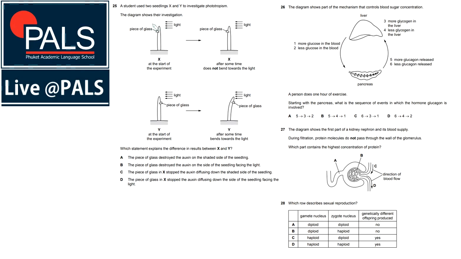So here we have a shoot, first of all. Phototropism is the response of a plant to either grow towards or away from the light. So usually shoots grow towards the light. How do they do that?